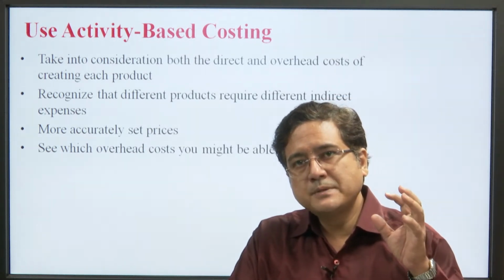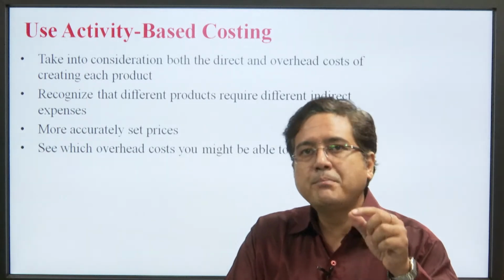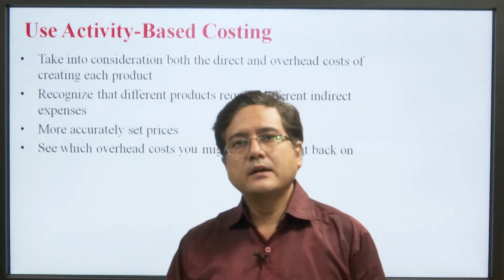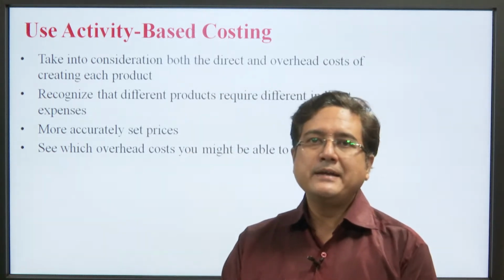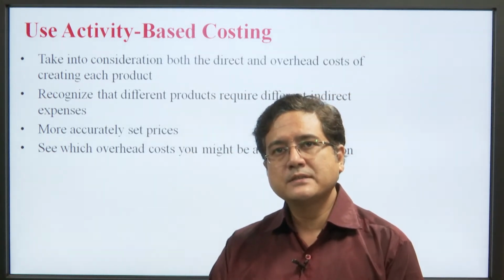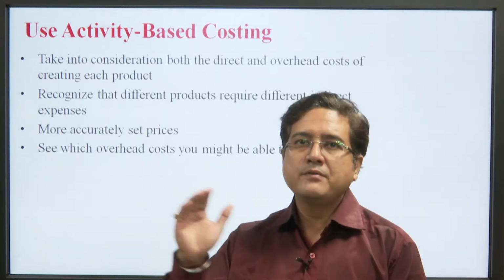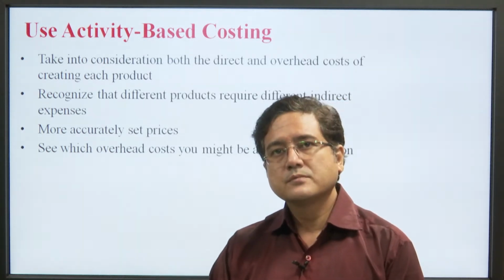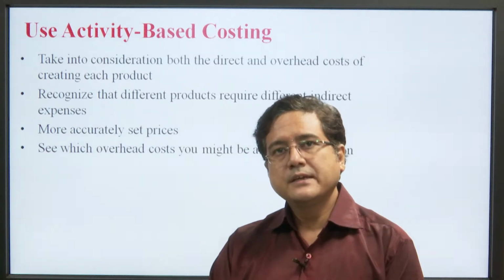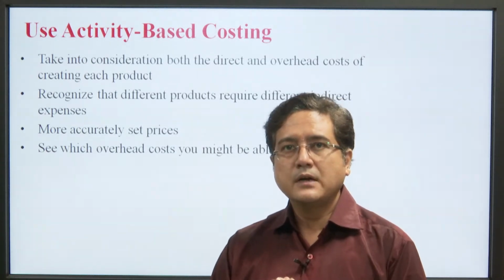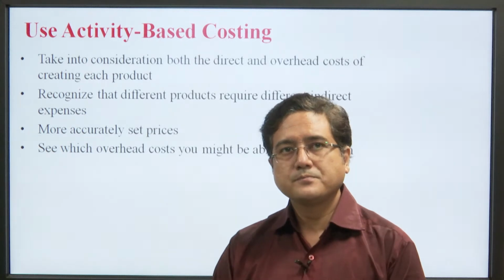When indirect expenses change, it also impacts the total cost. So you cannot use the same indirect expenses in every product line, every product, or every project. ABC is a method which differentiates the product requirement according to the indirect costs.